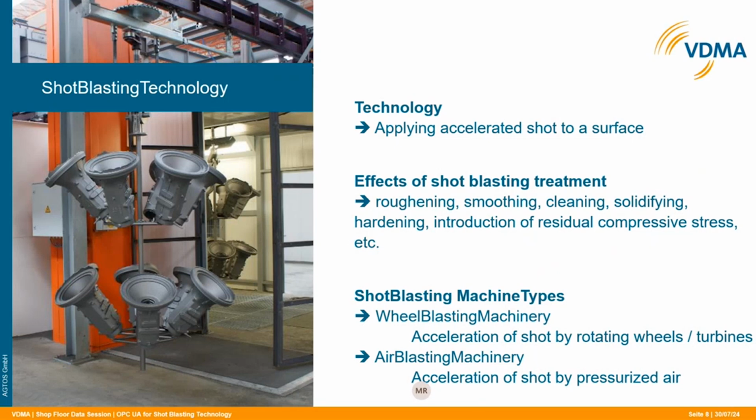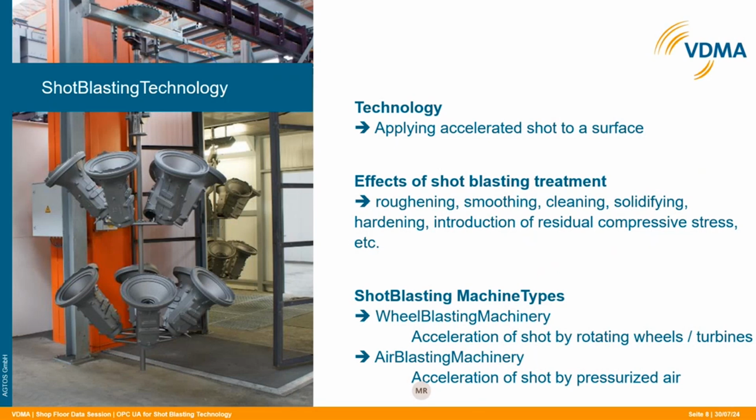But also solidifying, hardening, or introduction of residual compressive stress. These three are topics of so-called shot peening, where the particles are not abrasive, but you have more or less spheres which you shoot at the surface and improve the material properties there.